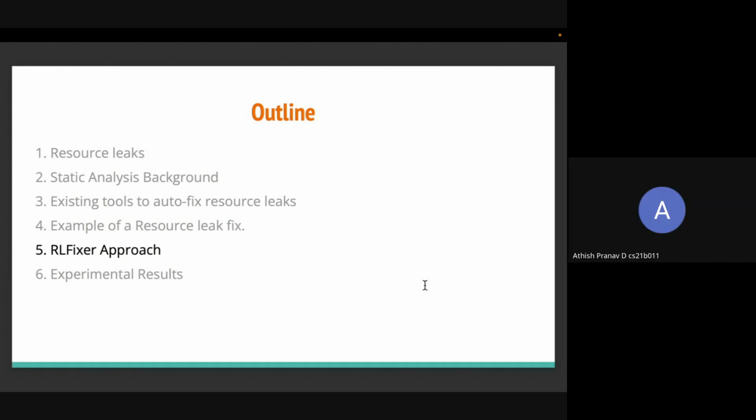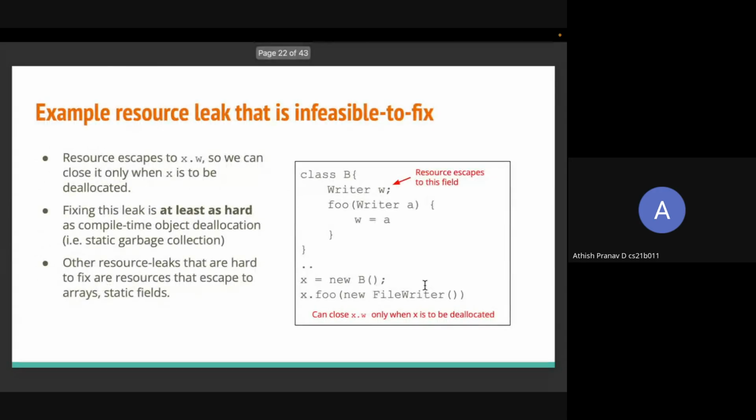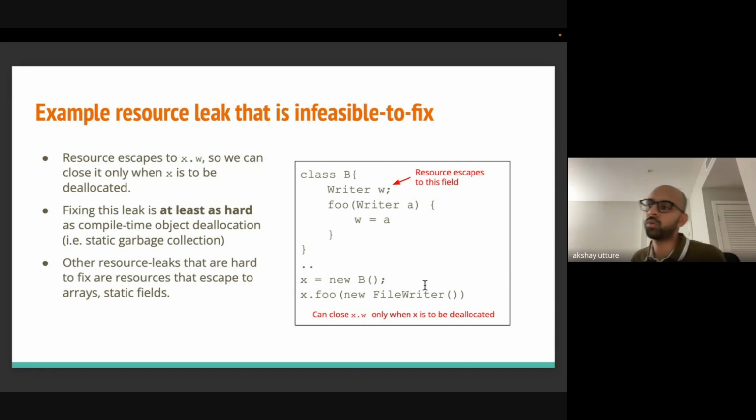Sir, I have a doubt in the previous slide. You were mentioning that the fix is infeasible for the tool. But why can't the tool have this approach of having destructors for objects when they are being garbage collected, to trigger all the OS resources being used to be destructed? Right. So Java actually doesn't have the concept of destructors.